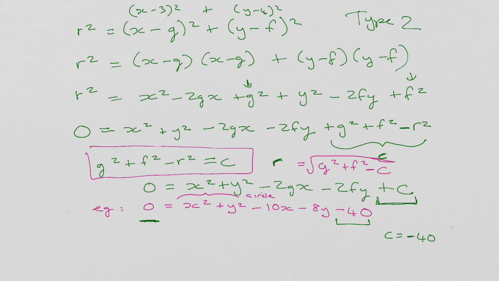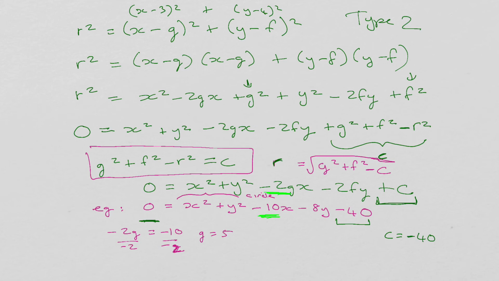If you look at this thing over here, that's minus 2g in front of the x. So the minus 10 is minus 2g. You don't have to confuse yourself thinking this out. You can just say minus 2g equals minus 10, because they're both in front of x. And solve. You want to know what g is? Divide this side by minus 2, divide this side by minus 2, and g is going to equal 5.